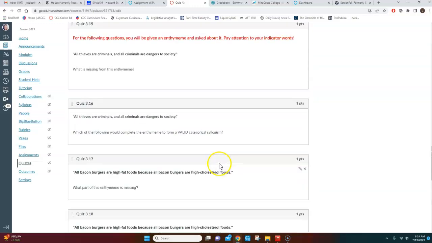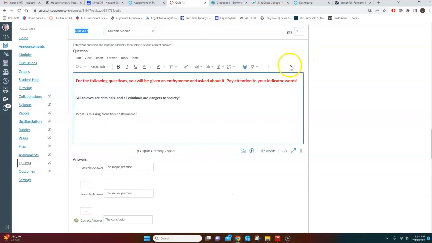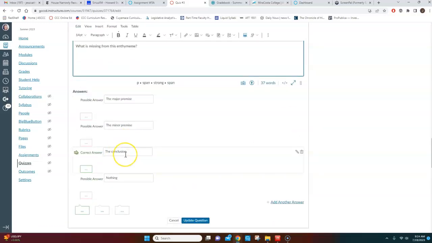I'll do the first one here. What's missing from this first one is the conclusion, and we know that because there are no indicator words. There are no premise indicators or conclusion indicators. You have two propositions combined with an and. That means you've got two premises. So what's missing from this enthymeme is the conclusion.